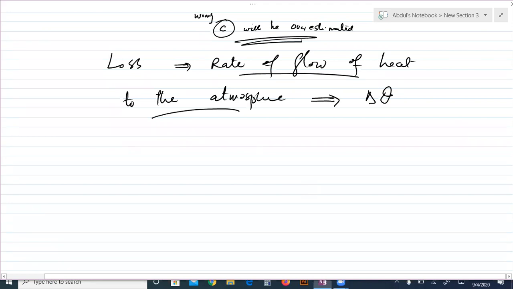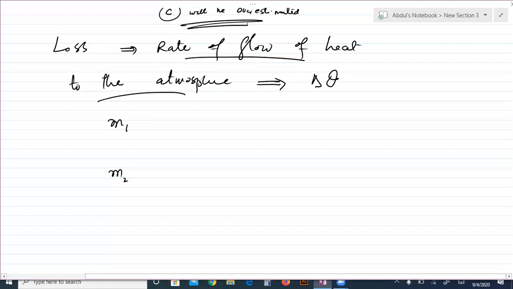For example, mass M1 of the material, mass M2 of the material, and we will use the same heater. So the power of the heater is the same, masses of material different.